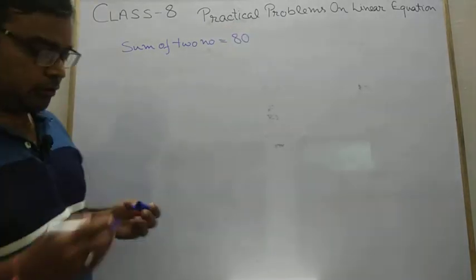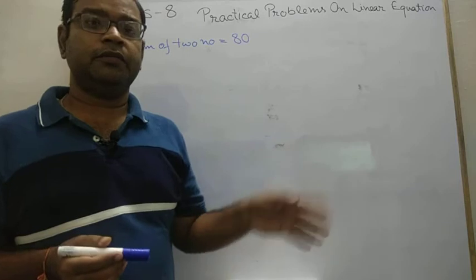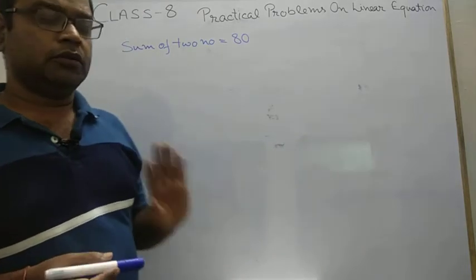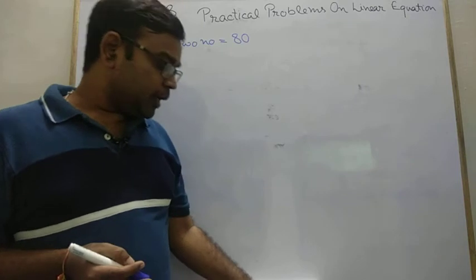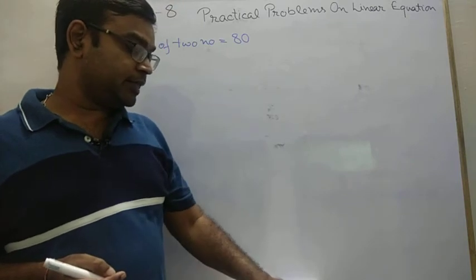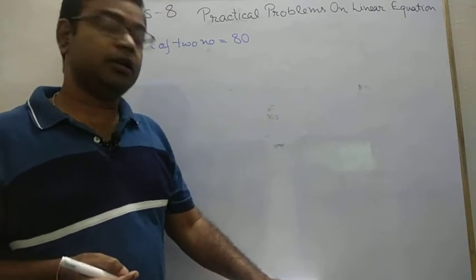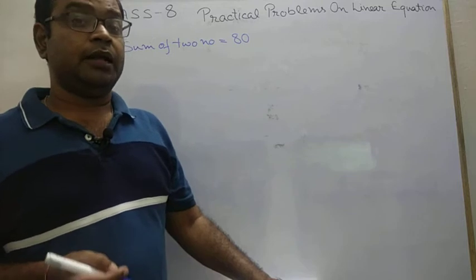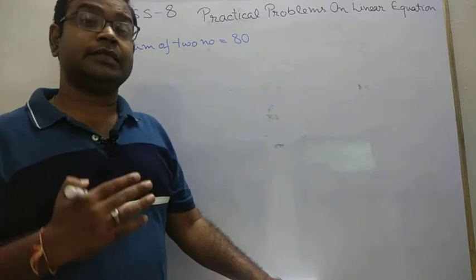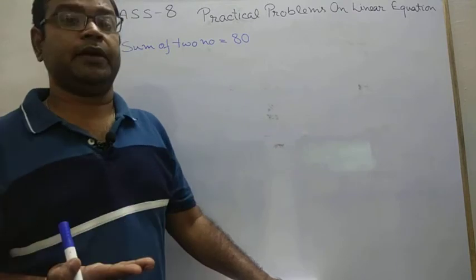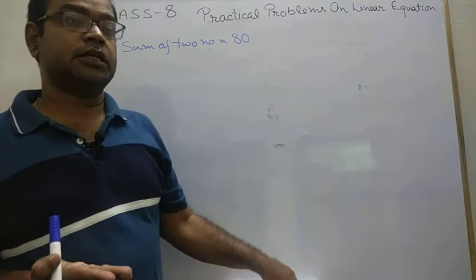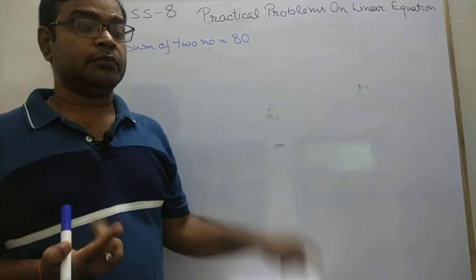It's not indicating odd numbers, even numbers, or consecutive numbers. Only the sum of two numbers is 80. Then it says that the larger number exceeds 4 times the smaller number by 5. This sentence gives you the idea.